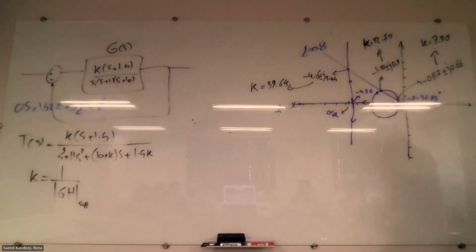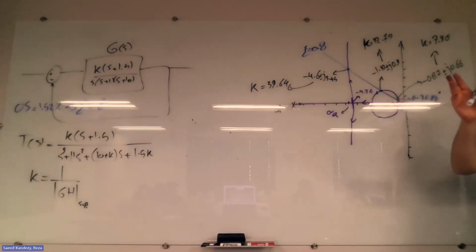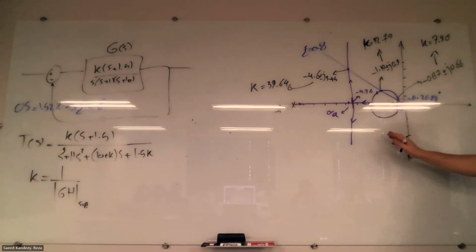If we have, let's see, which one has a better estimation of second order?